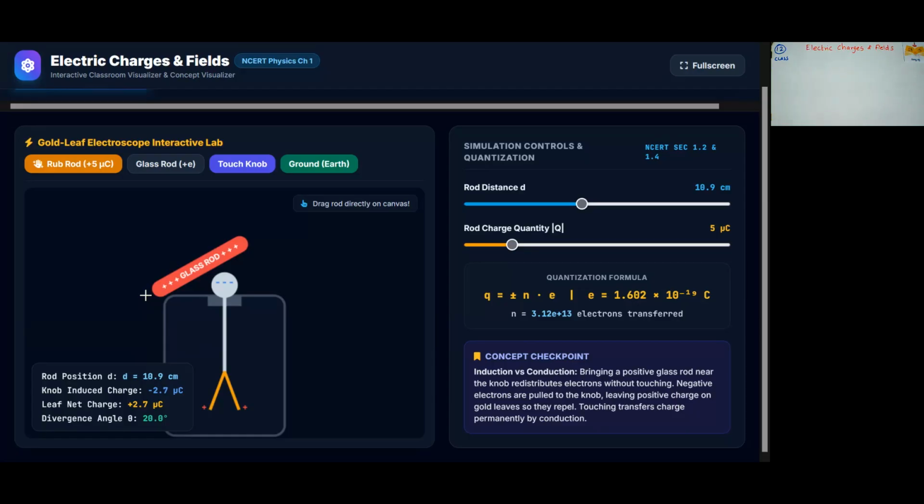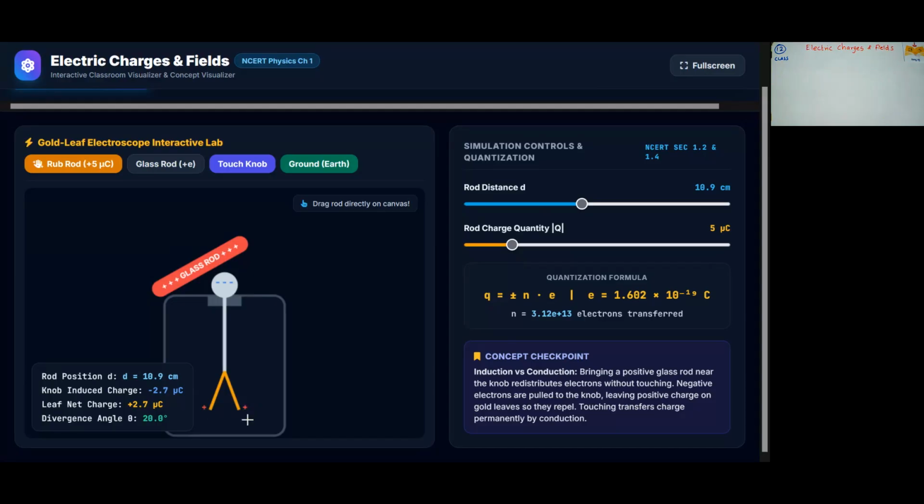The live metric shows an induced charge on the knob of minus 2.7 microcoulomb. So this leaves a deficit of electrons at the bottom, giving the gold leaves a positive charge. You can see that plus symbol.